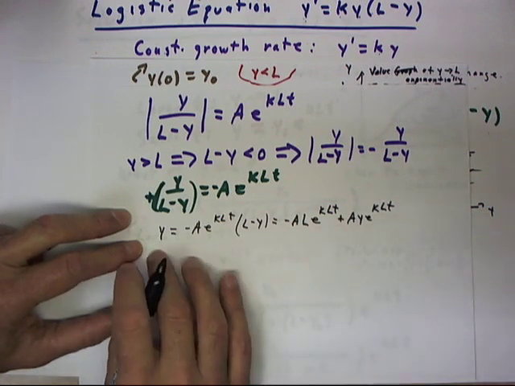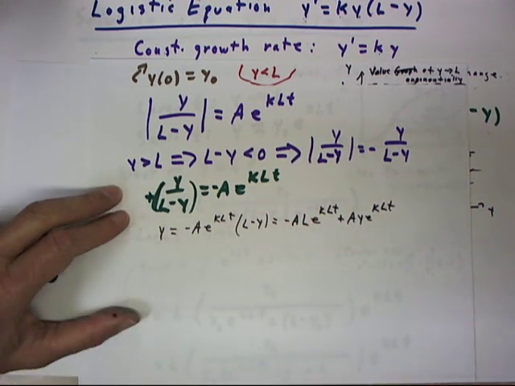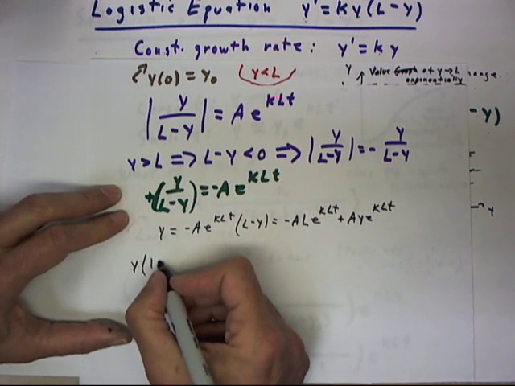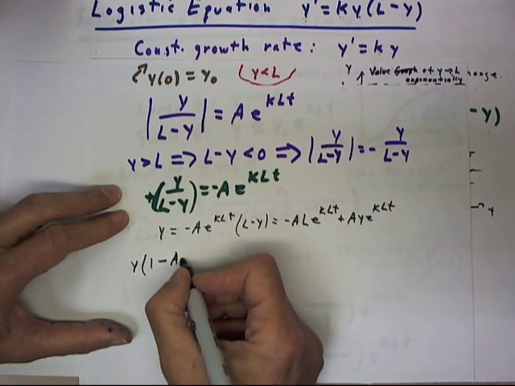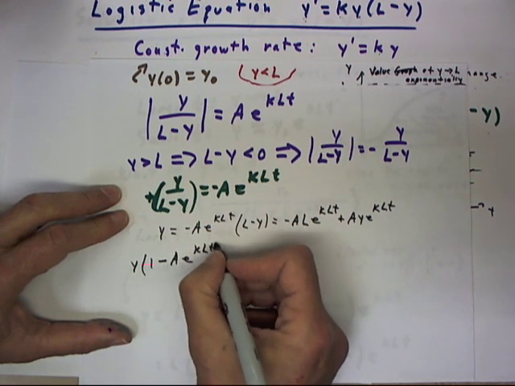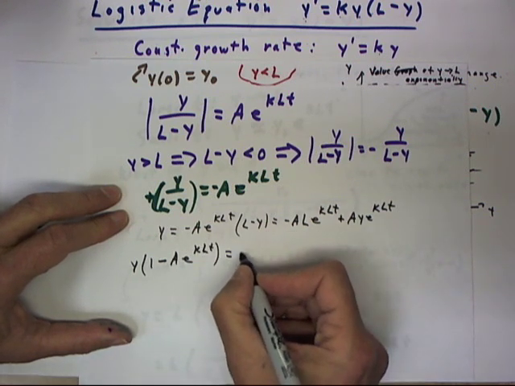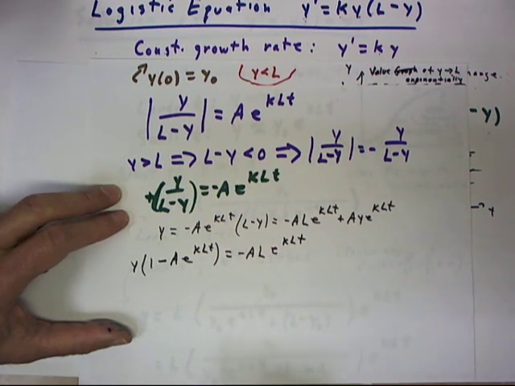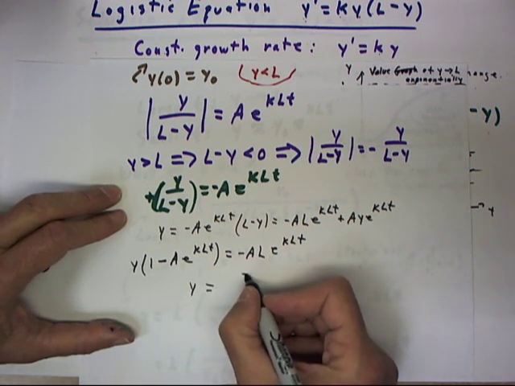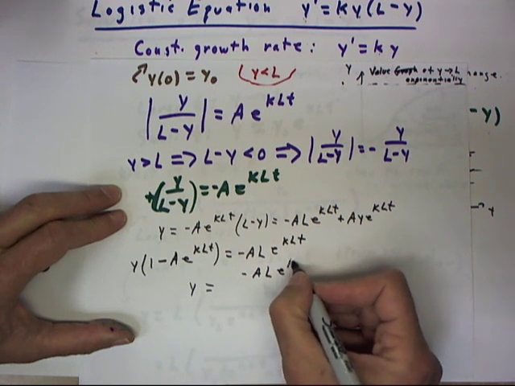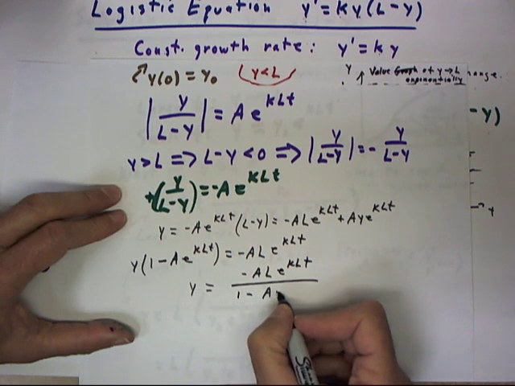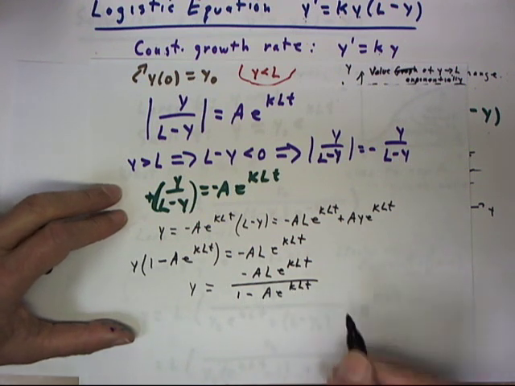Rearranging the equation so that the y's are all on the left side, and factoring out a y, we get y times 1 minus A e to the KLt equals negative A L e to the KLt, so that y equals negative A L e to the KLt over 1 minus A e to the KLt.